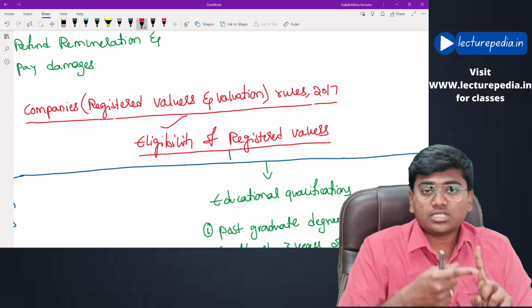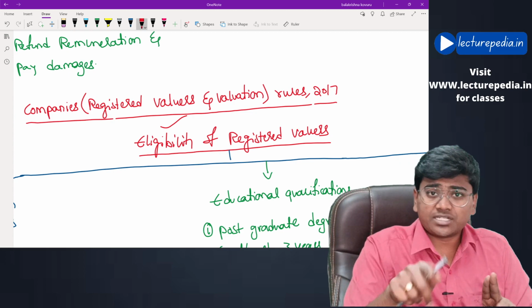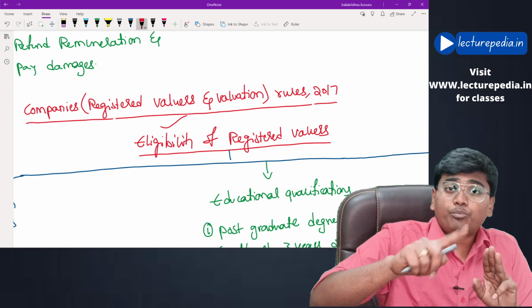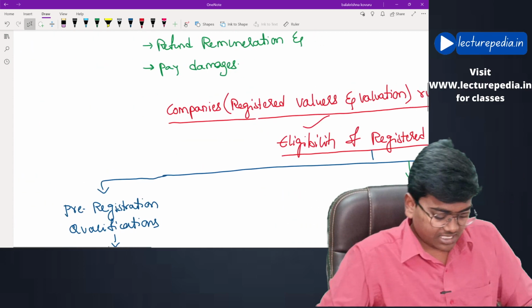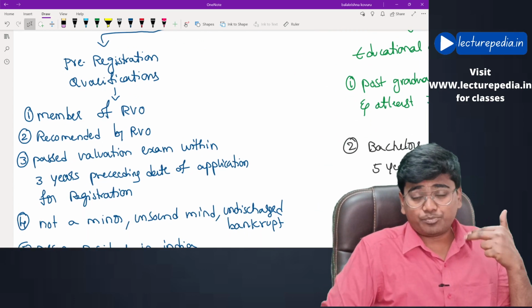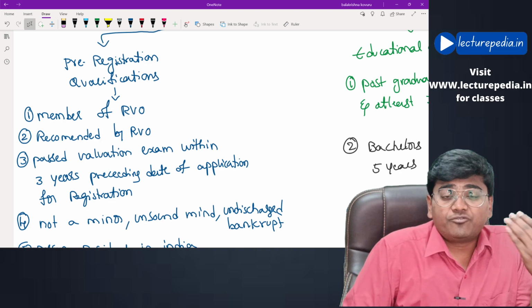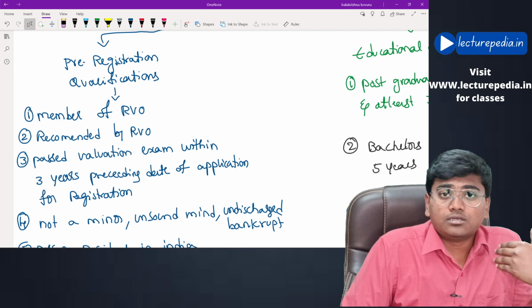Firstly, there will be pre-registration qualifications. Next, educational qualifications. After that, post-registration qualifications. First of all, we will see the pre-registration qualifications. The person has to possess these pre-registration qualifications before he applies for the registration as a registered valuer.